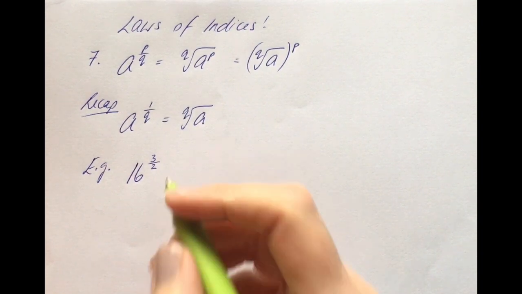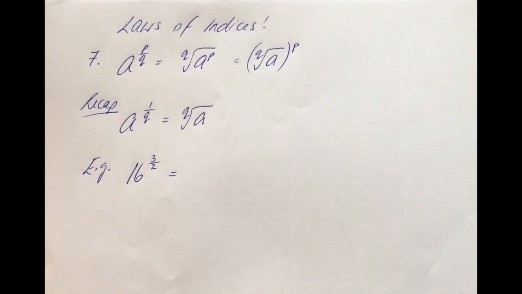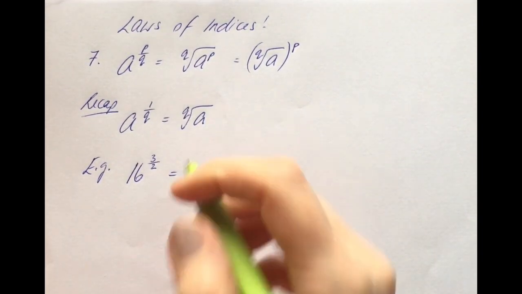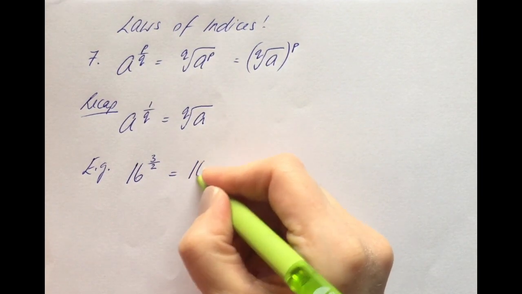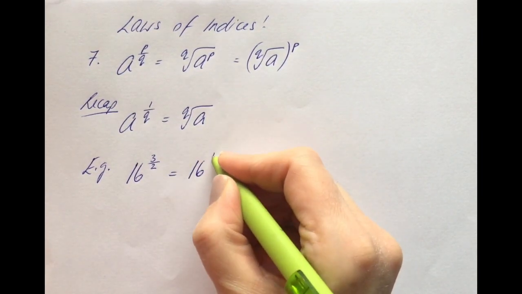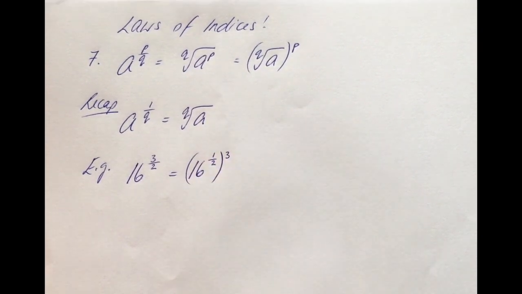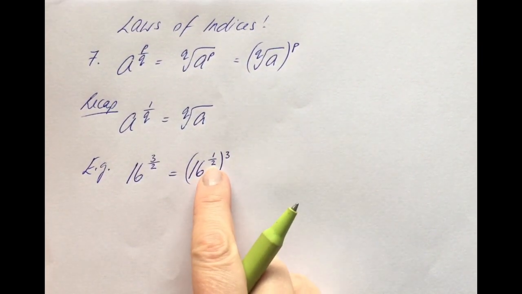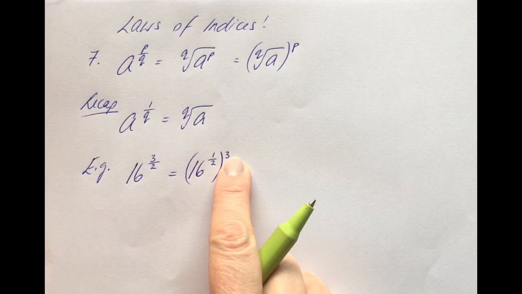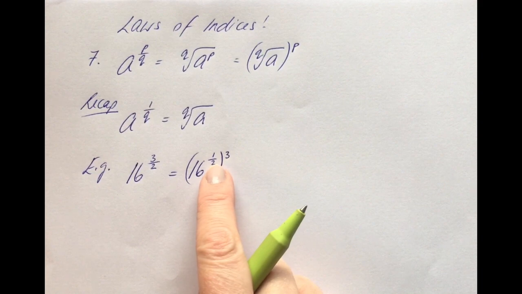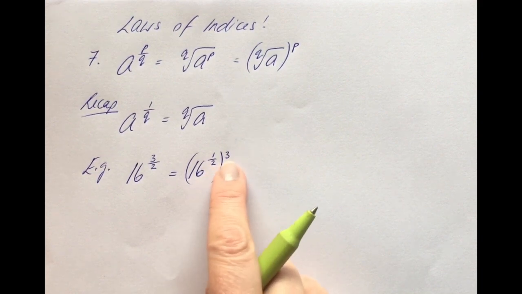So another way to look at 16 to the power of 3 over 2 is to consider it as 16 to the power of a half all to be cubed. Because, of course, a power to a power, if you remember our 3rd law, which states that a power to a power, all you have to do is multiply the powers.